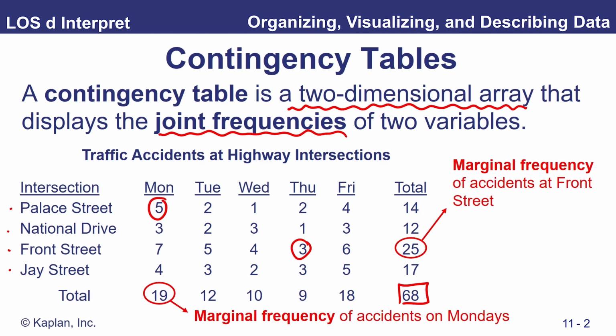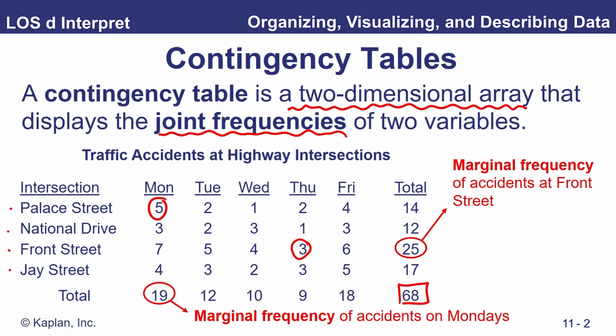Again, if you wanted to convert that from absolute into relative data, 25 divided by 68, we're saying 36.7% of all accidents occurred on Front Street. What is the most dangerous day of the week? Well, you can see Monday totals 19, and that is the highest marginal frequency of any day in the week. So Monday is the most dangerous day to drive on those highway intersections.